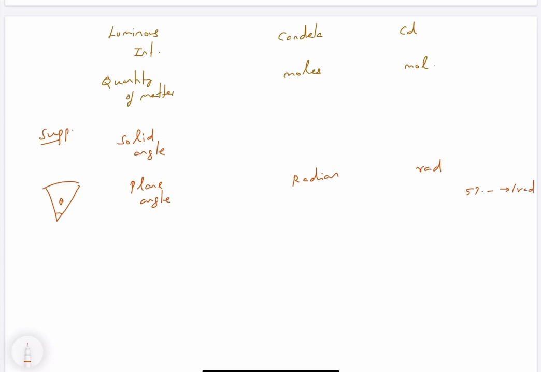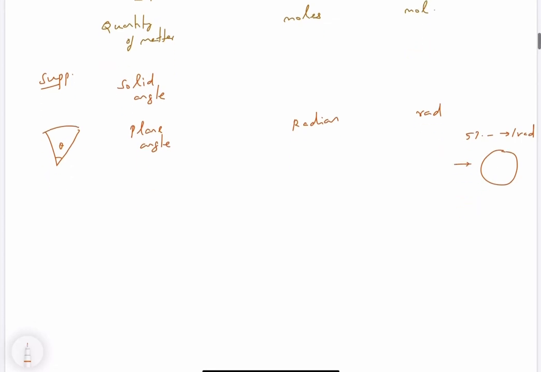We know 57 point some degrees is nothing but 1 radian. There's also the gradient system. Just to show you what 1 radian is, in the degree system you divide a circle into 360 parts, but in the gradient system you divide the circle into 100 parts.